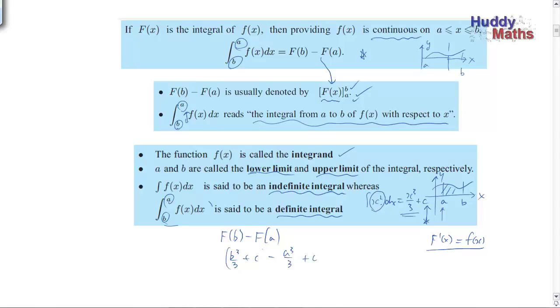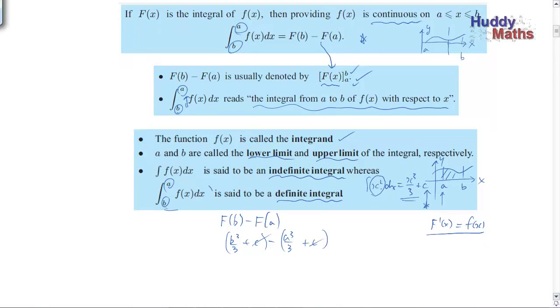So that's f of b, take f of a, and they would disappear. So you come up with a definite fixed answer there because you're actually working with a particular function across that interval. You don't have the c problem there anymore. See how c's not a problem? Anyway, all right, so let's have a look at some of the properties now.